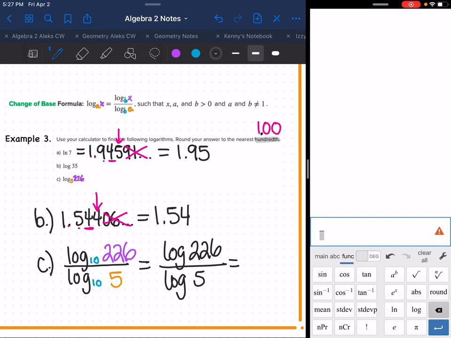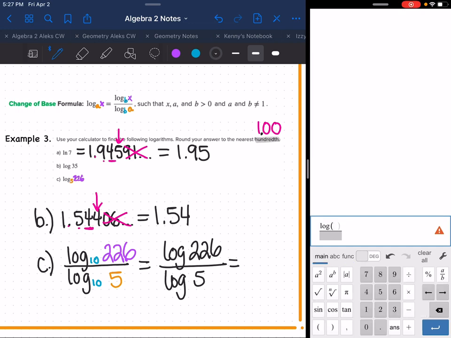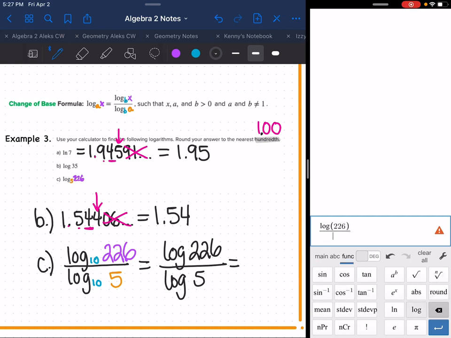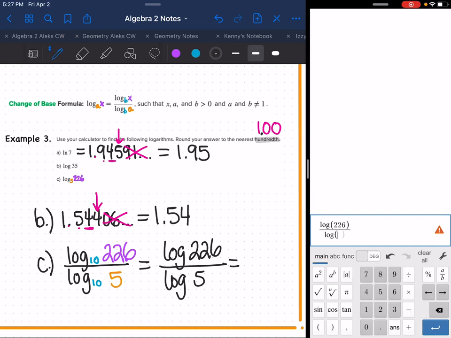I'm going to go to my function. I'm going to put my log on the top. I'm going to go back to the main and I'm going to put 226 and I'm going to close. Oh, nope, it didn't do it. Hold on. 2, 6. There we go. Close it up. Go down to the bottom. Go back to your function, log, back to the main, 5. Close it up.